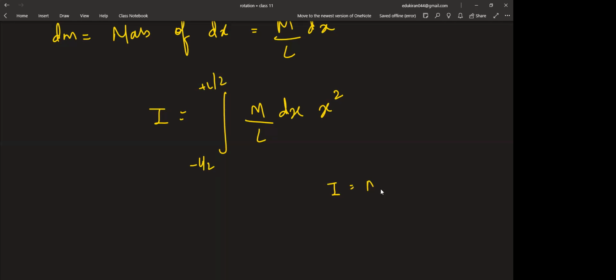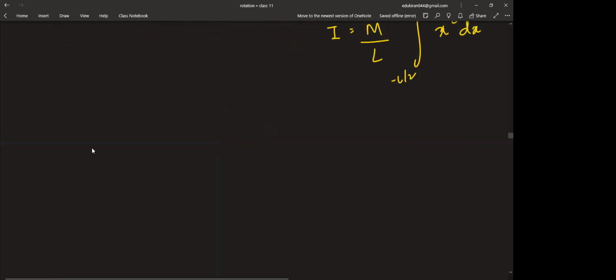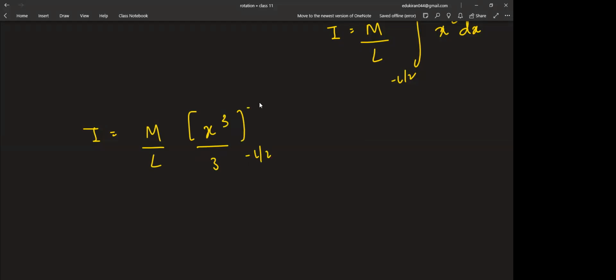So I is equal to M by L, this is x square dx from minus L by 2 to plus L by 2. Now class, x square when it is integrated, M by L is already a constant, it is going to be x cube by 3 from minus L by 2 to plus L by 2.